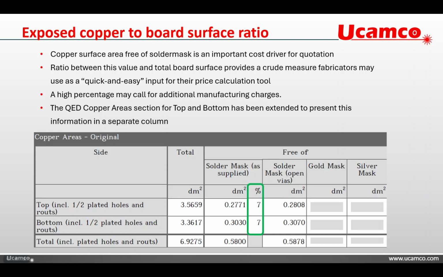That surface is, of course, the one where the surface finish is going to deposit, and therefore, depending on the type of surface finish to be applied, the area represents an important factor in calculating the cost, in that the more exposed copper that you have, the more area is going to take surface finish. And if your surface finish happens to be gold, for instance, that is quite an important thing.